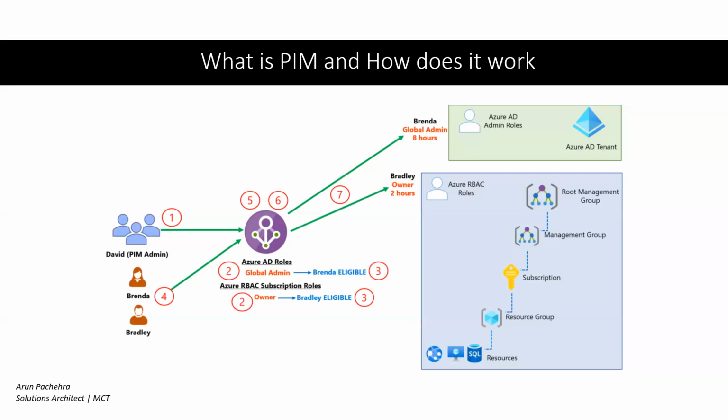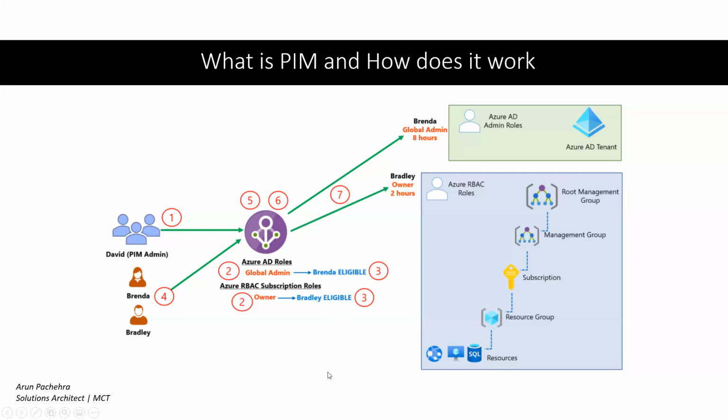In this case, the Azure AD Global Admin role and the Azure Resource Owner role, we are going to onboard in PIM so that we can give access to these roles through PIM. And David can configure a time limit for which the onboarded roles can be assigned. For example, he can configure the global admin role in Azure AD to be assignable for a maximum of 2 hours or 3 hours. Right? That is configurable.